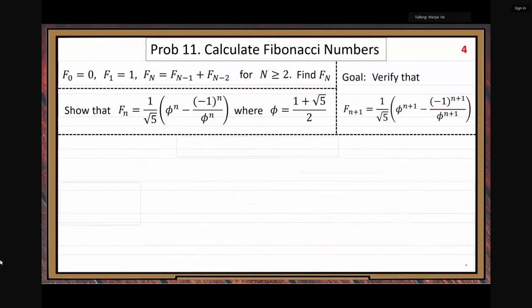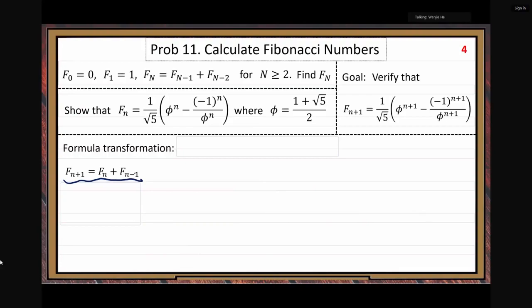All right, so let's do the work. This recurrence relation is given. If it's a Fibonacci number, we can always use this recurrence relation.